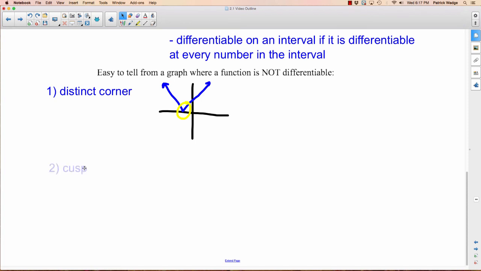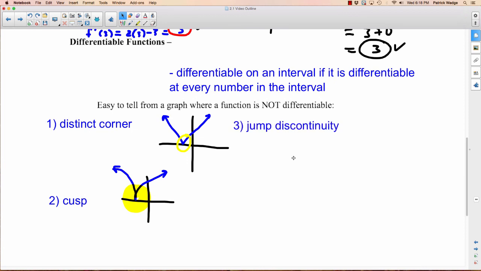Okay, number 2 is a cusp. So a little sketch of that. A cusp would be something like this. It's not differentiable there as well. Number 3 is when you have a jump discontinuity.